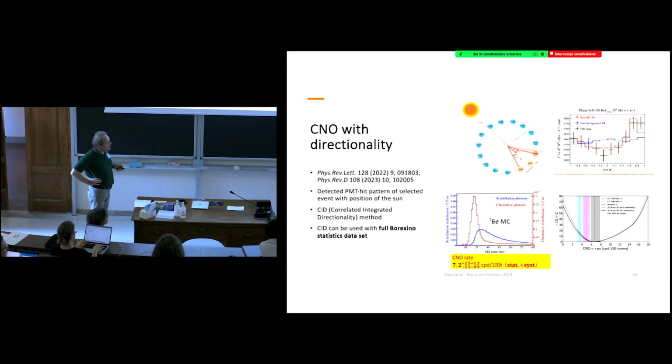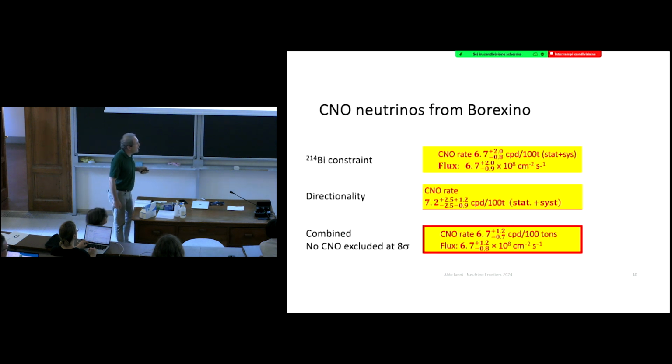And the first PMTs hit by the light are with a high probability hit by Cherenkov light. So this was used in a multivariate log likelihood fit to determine at high significance the CNO rate. So in the end, the CNO rate was measured through bismuth-constrained directionality and with a combined analysis at a high sigma significance. So I think we can consider this a robust result.